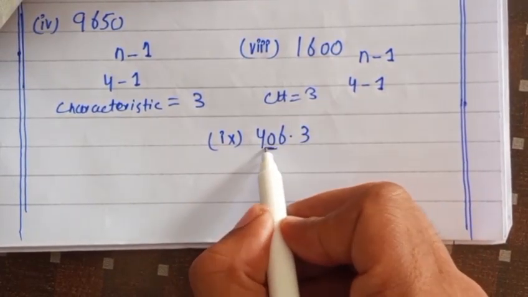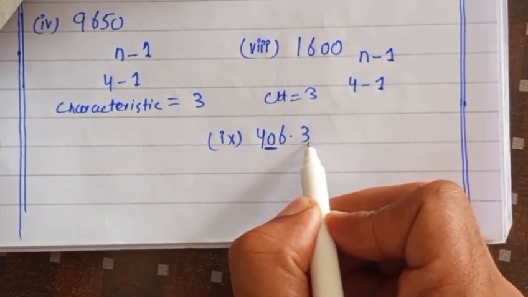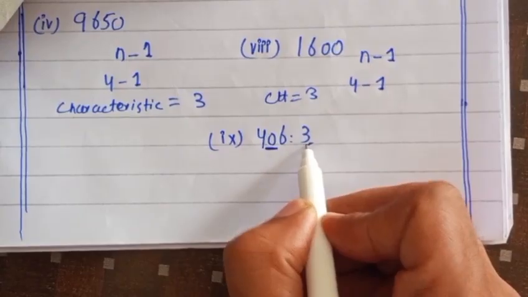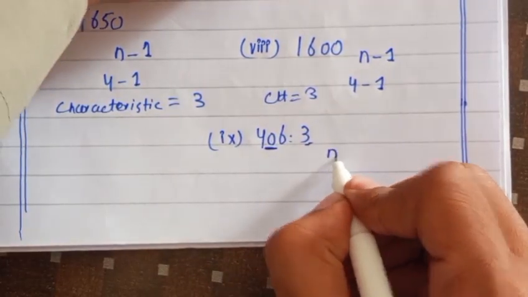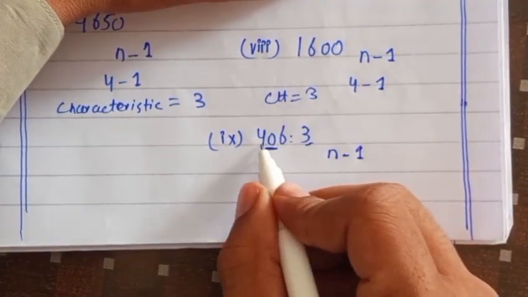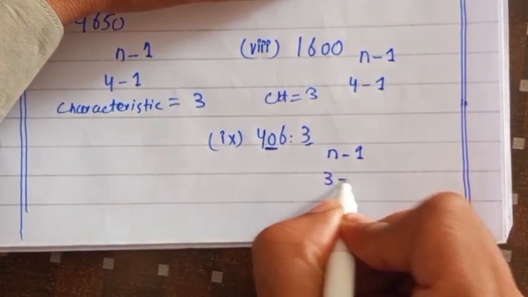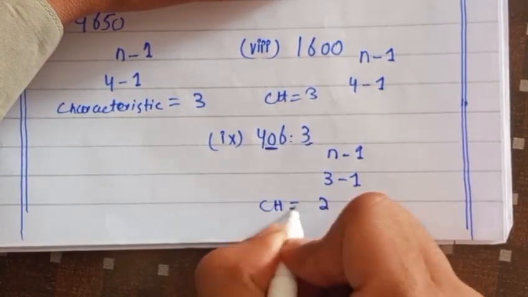How many digits are there before the point? 1, 2, 3 are there, and 1 is after the decimal point, that is called mantissa. I need to find the characteristic only, so I will apply the formula n minus 1. 3 digits are there, 3 minus 1, so my characteristic is 2.